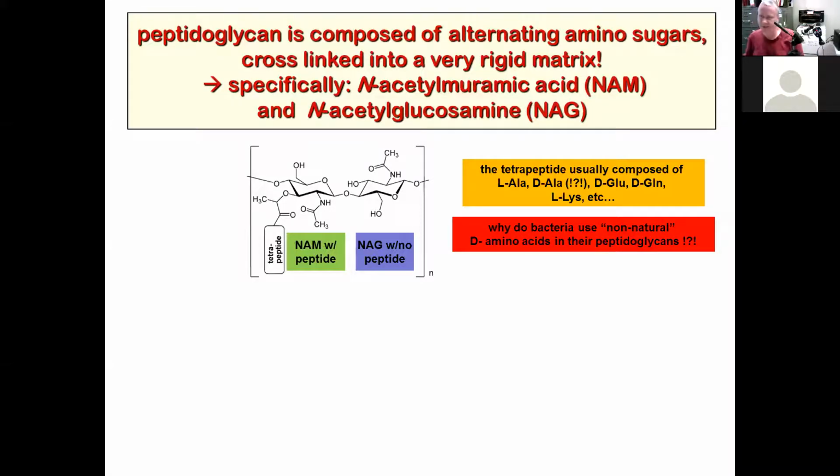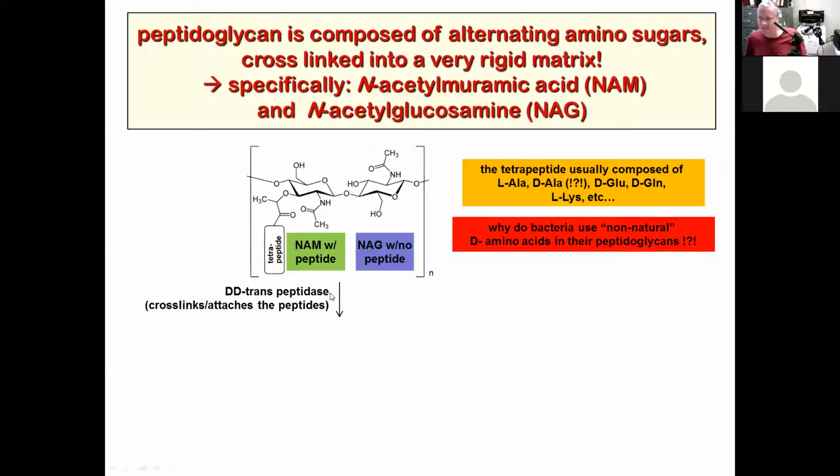And by using D amino acids, bacteria can try to evade natural defense mechanisms and enzymes. So it seems like the bacteria are evolving to switch the stereochemistry and maybe prevent destruction by things like proteases, right? Okay. Anyway, so what happens with DD transpeptidase?